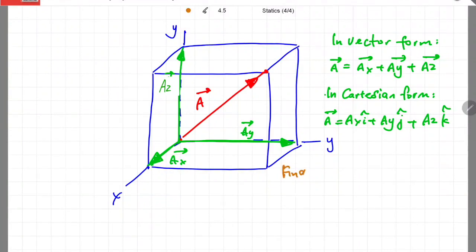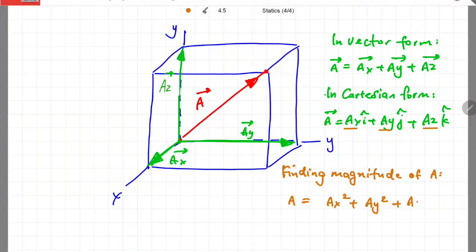Using a similar trigonometric equation, we can calculate the magnitude of A using the formula: magnitude of AX squared plus magnitude of AY squared plus magnitude of AZ squared, and then you take the square root of the summation value.